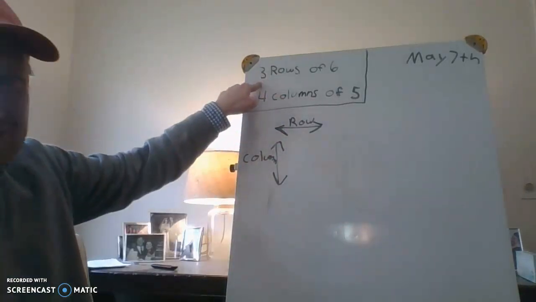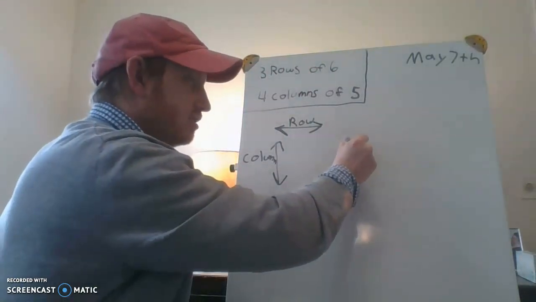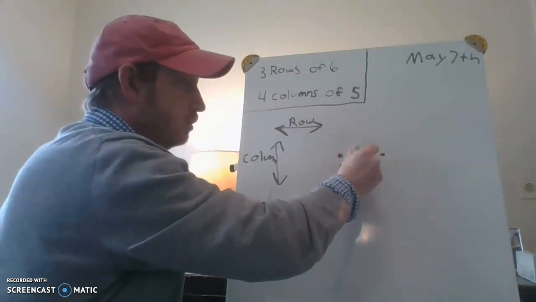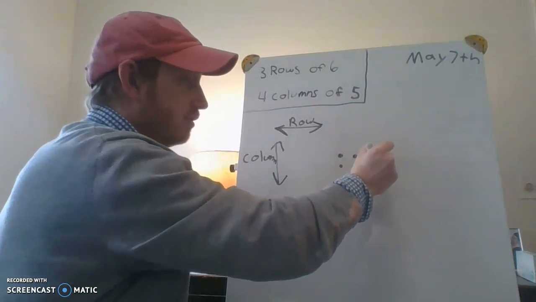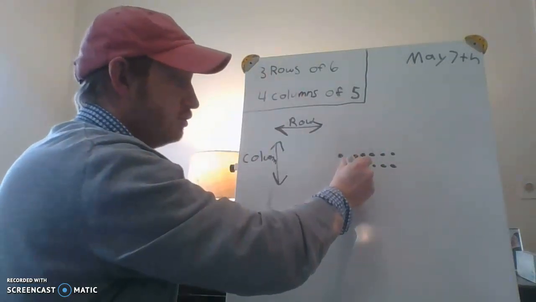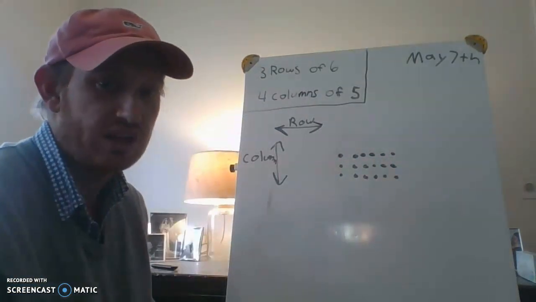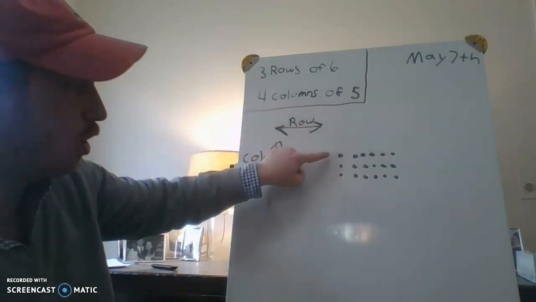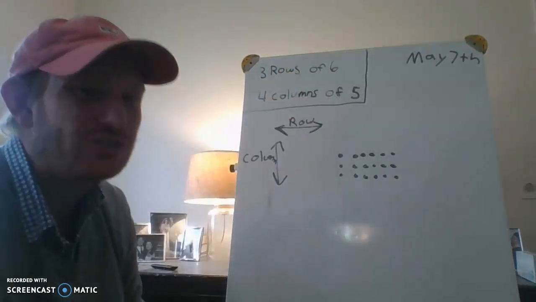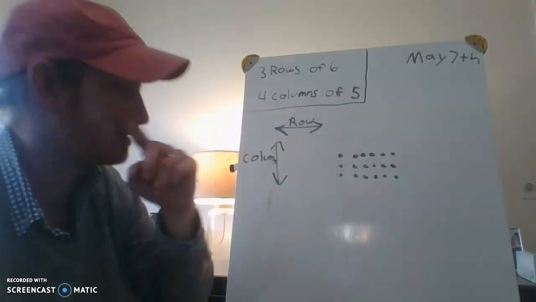So if we have 3 rows of 6, that means we're going to have a row of 1, 2, 3, 4, 5, 6, and 1, 2, 3, 4, 5, 6, and 1, 2, 3, 4, 5, 6. So now we have 3 rows, and we have 6 in each row.